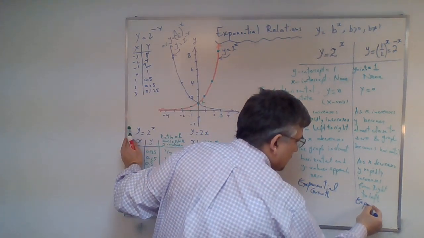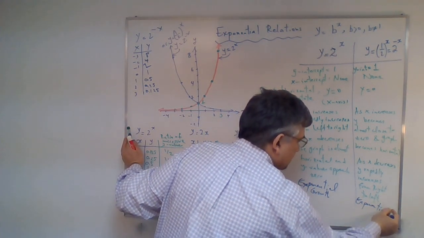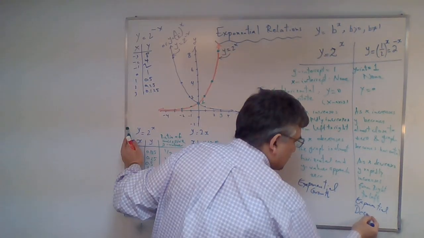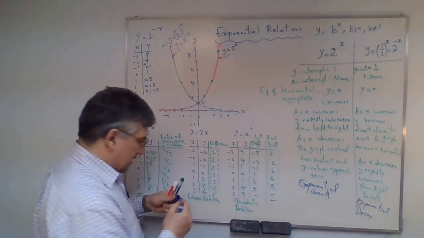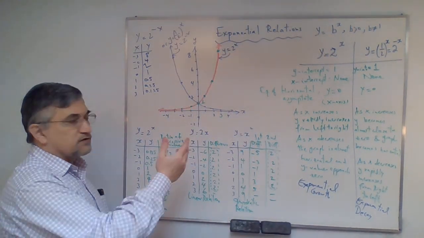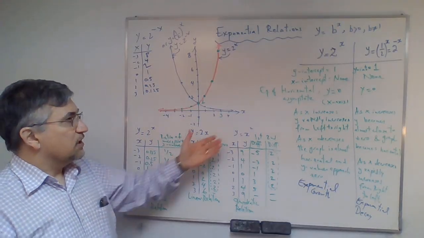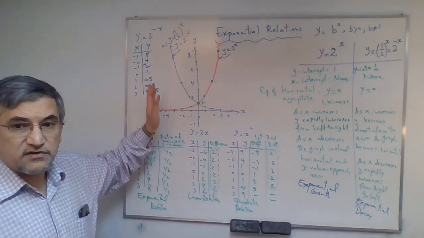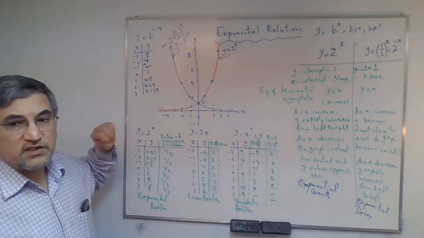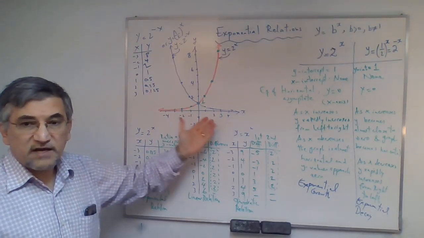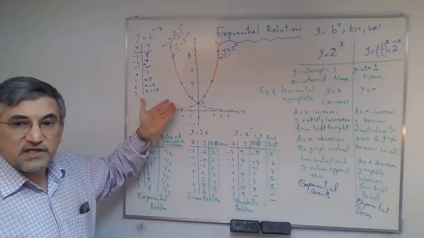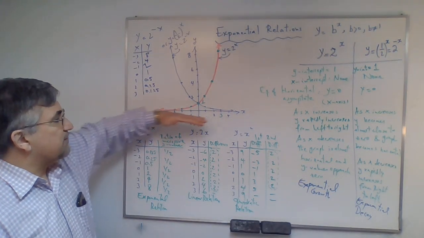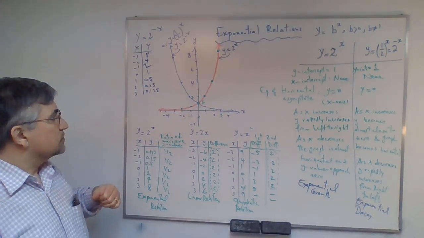So these are two names, exponential growth and exponential decay, that are given to these two different types of exponential relations that have two different behaviors, but at the same time, there are so many things that they have in common, such as not having any x-intercept, having the same y-intercept, and having the same horizontal asymptote.